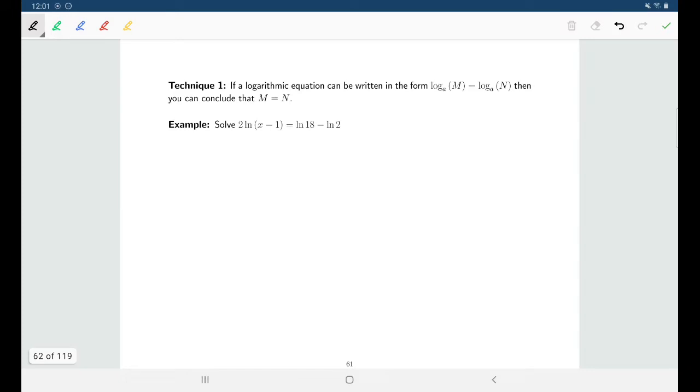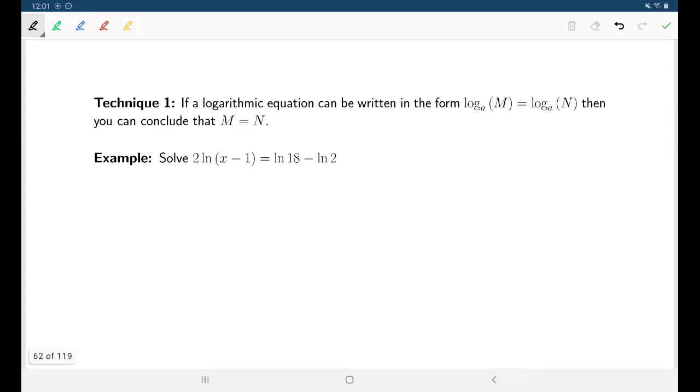Okay, so our first technique is if we have a logarithmic equation where there's two logs, one log and another log, and they both have the same base. So if we can get our equation to that point, where we have log base a of m equals log base a of n, we knew from the previous section that one of the properties of logs, since they're one-to-one functions, is that if the y values for our logs are equal, then the x values for our logs must be equal.